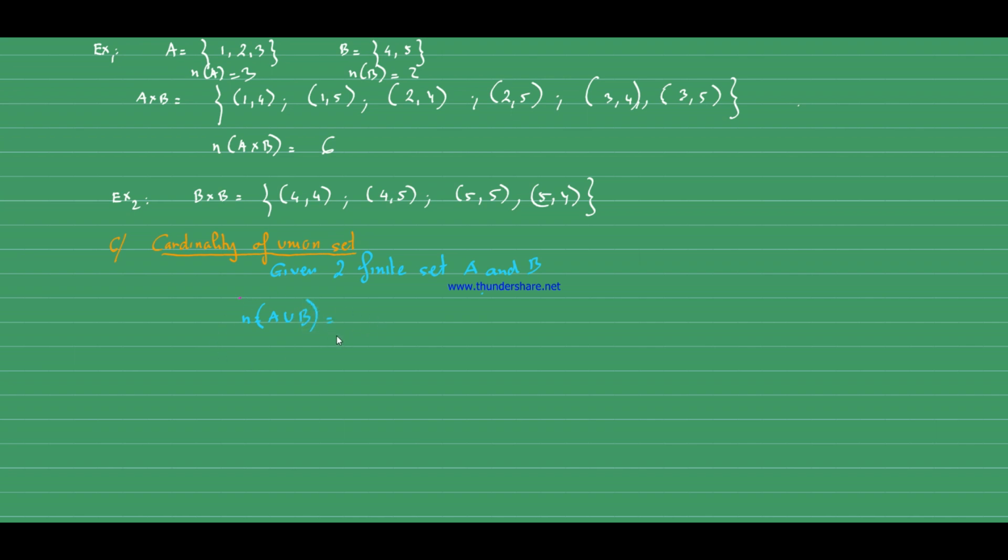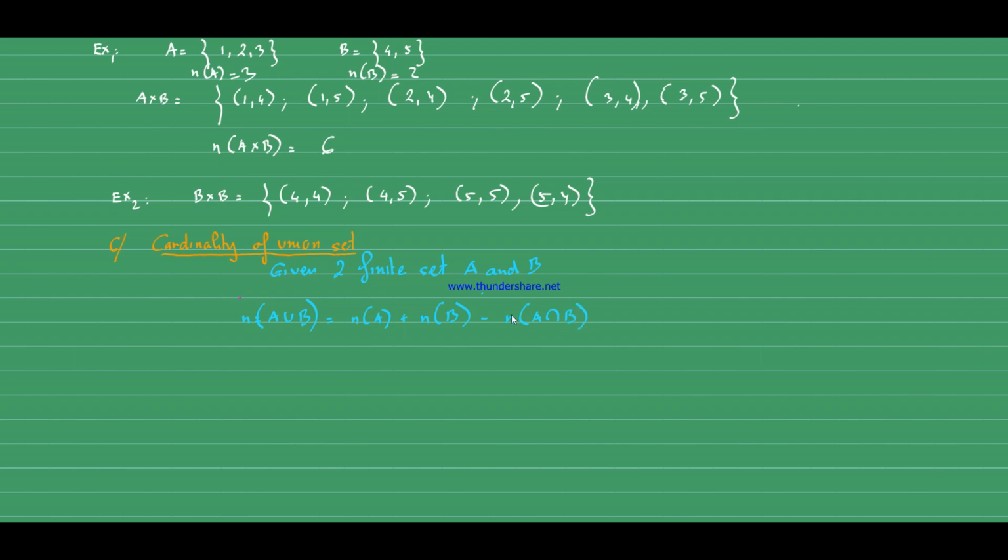The cardinality of set A union set B will be equal to the cardinality of A plus the cardinality of set B, minus the cardinality of the intersection of A and B.